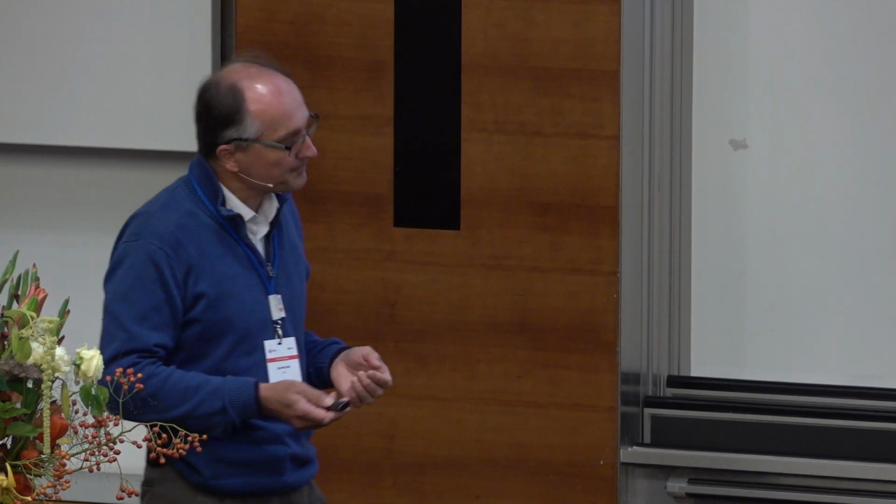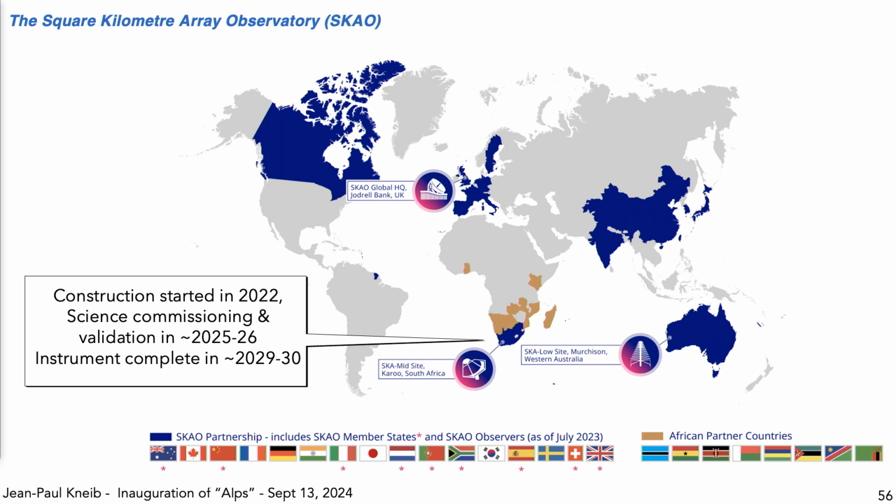And ultimately, we are thinking to extend that over thousands of kilometers. It's a global project. It involves countries all over the world: in North America, in Europe, in India, in China, and of course in the partner countries in the south, where we have this radio frequency quiet zone where we can deploy those antennas, namely South Africa and Western Australia.